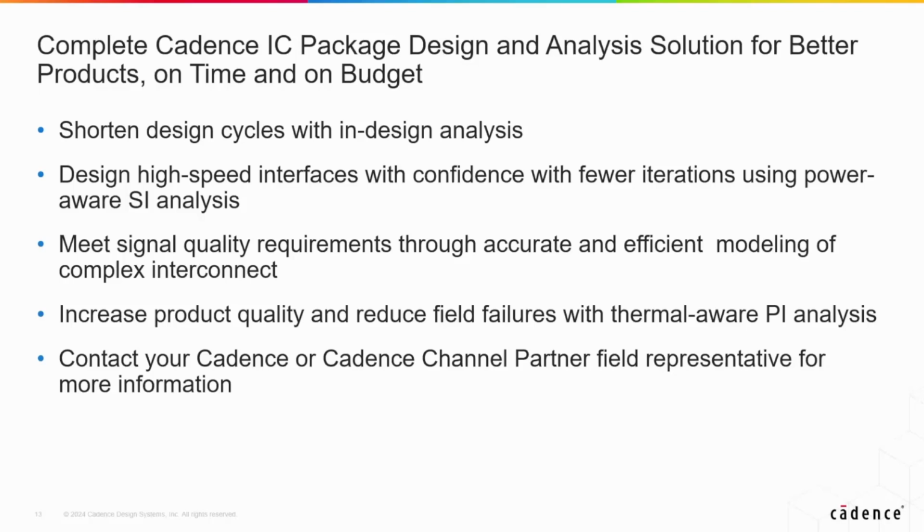Your signal quality requirements can be met accurately and efficiently, being able to model the interconnect across multiple fabrics. And by introducing our thermal aware power integrity analysis technology, you'll be able to produce quality products and reduce field failures.